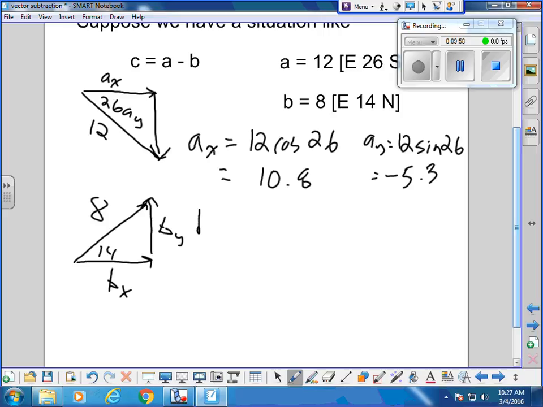I like to put my x's above each other, so BX is equal to, now the x this time is again adjacent, so it's going to be 8 cosine 14. Someone help me out. 7.8? Positive or negative? To the right is positive.